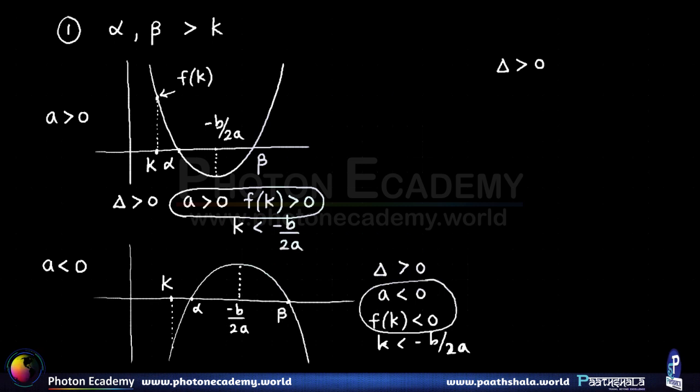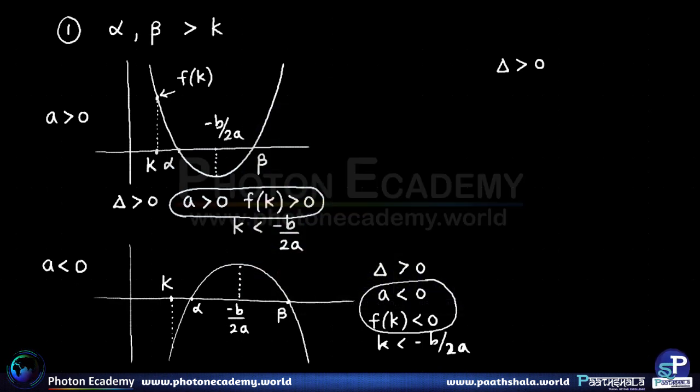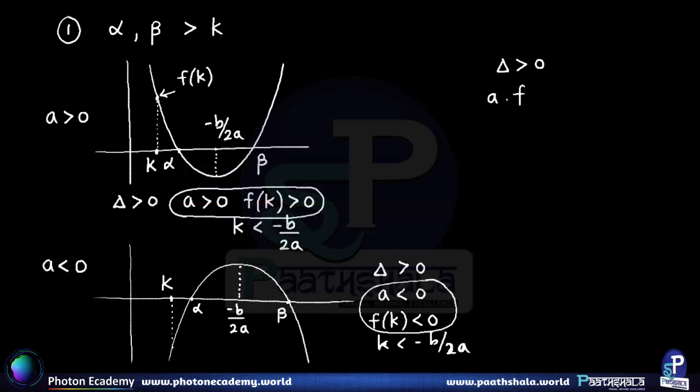Stating these two conditions differently can be done in a single condition, that is, the product of a and f of k has to be positive, because when either both are positive or both are negative, the product of both of them is positive. So let us write down that condition as a times f of k greater than 0.